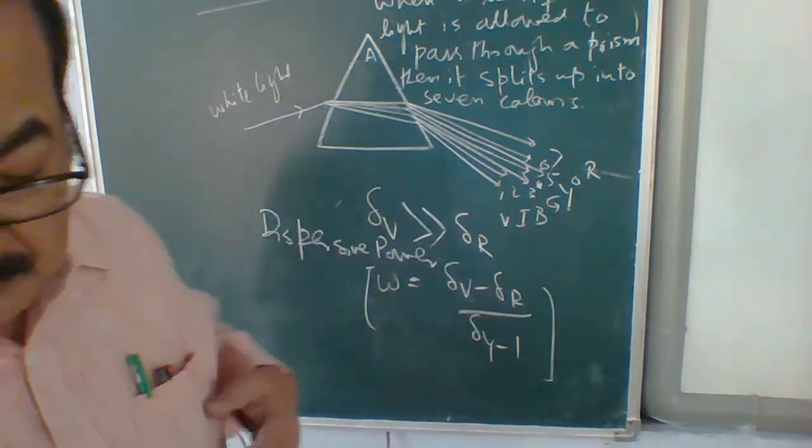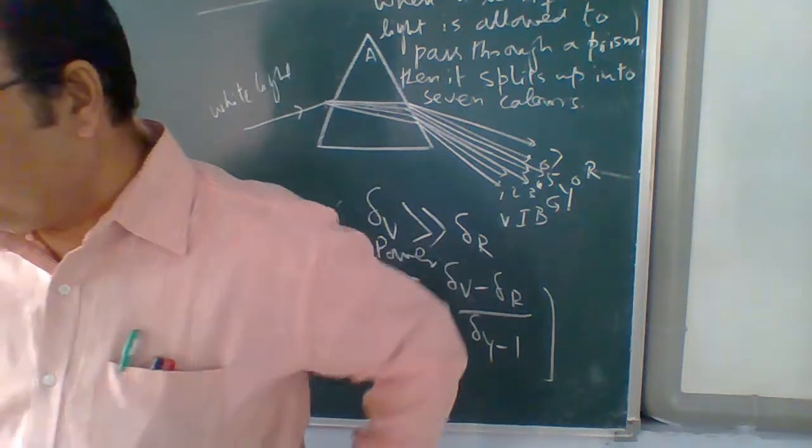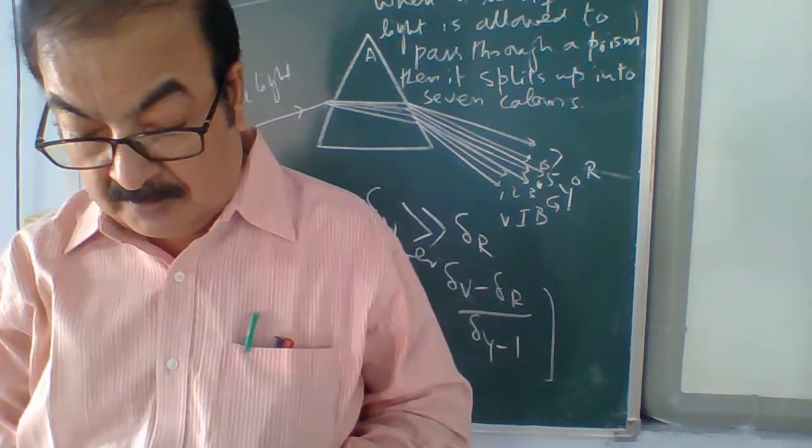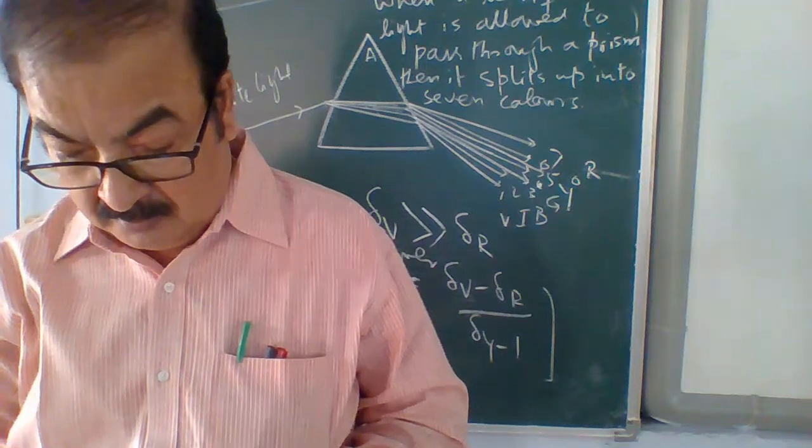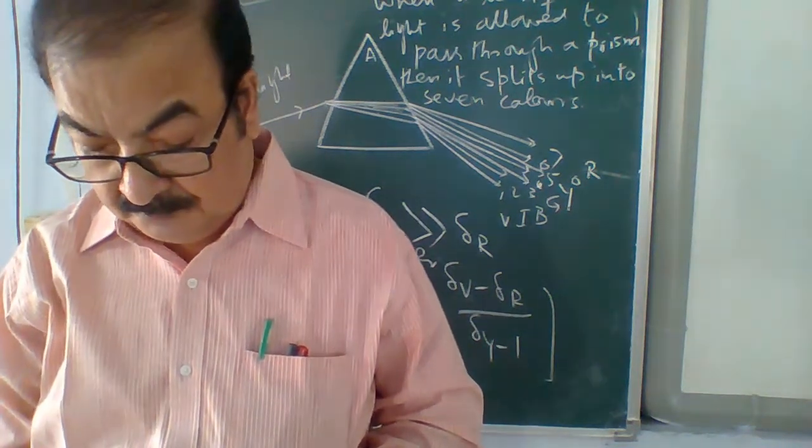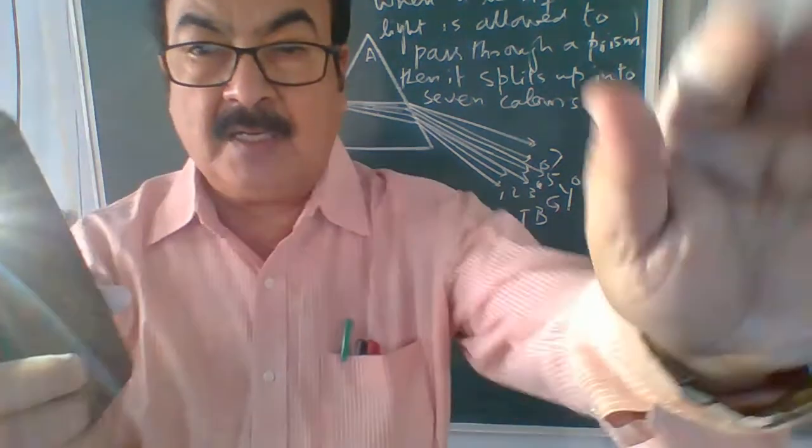So how does it actually take place? For that, suppose we are having a source of white light like this.